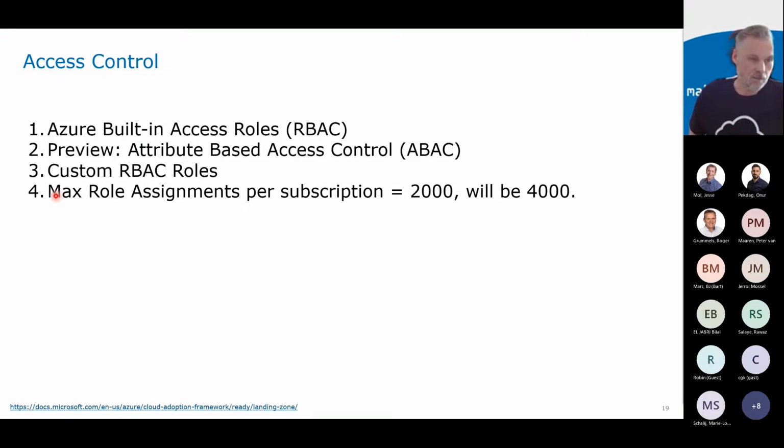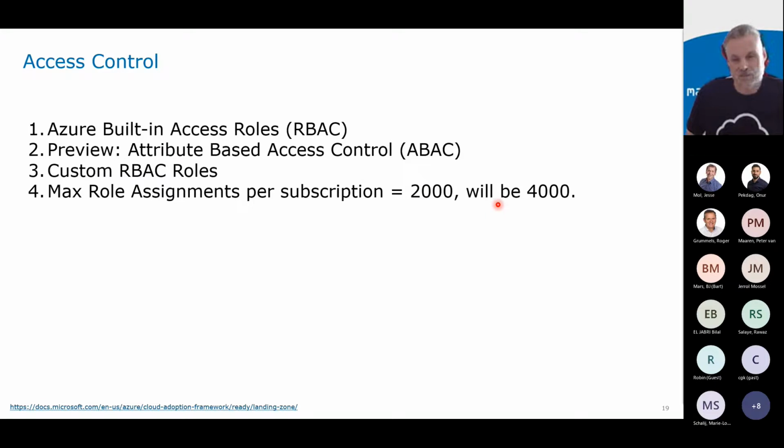Also, and that's a very actual situation with one of my customers, you have a max role assignments per subscription of 2,000 role assignments. If you hit this limit, there's a hard limit, then it's over. You can't assign any roles anymore. So that's not a good situation.